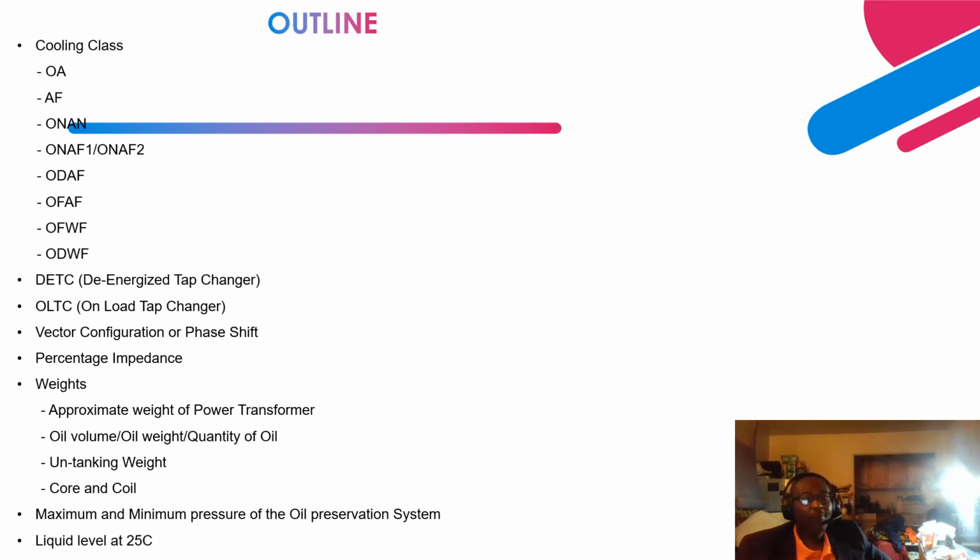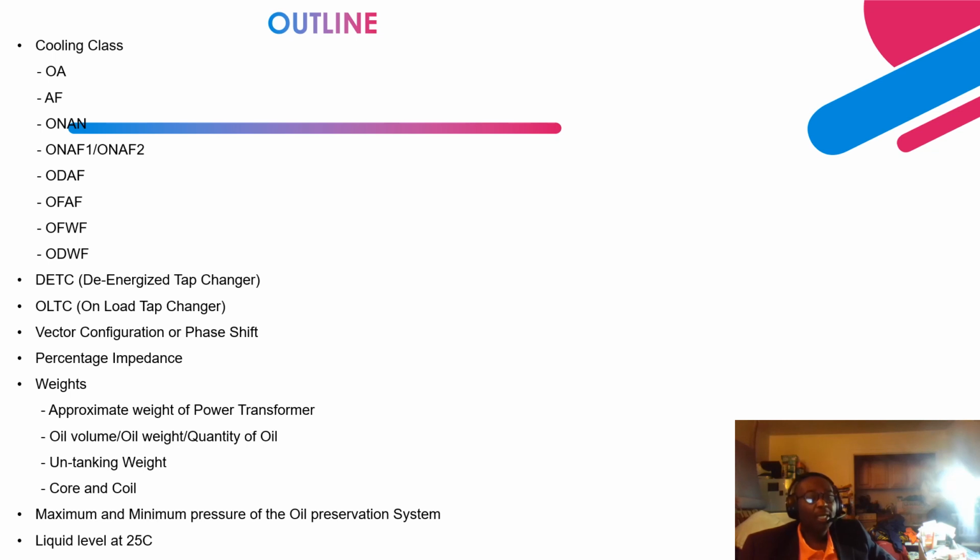The radiator has thin walls and a larger surface area, so natural air flowing on the surface of the radiator is able to remove the heat that is in the oil. As such, the oil that gets to the bottom of the radiator, ready to go back into the transformer, has been self-cooled. That is what they call the open air or self-cooled transformer.